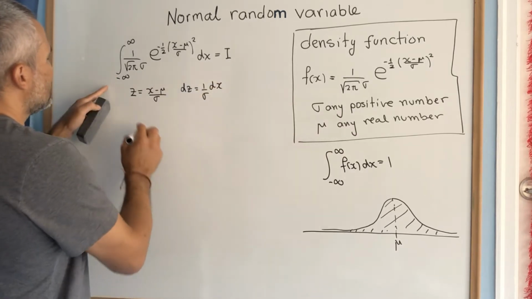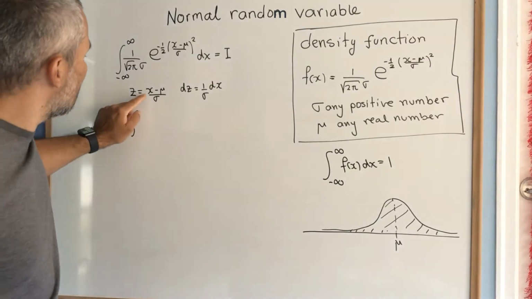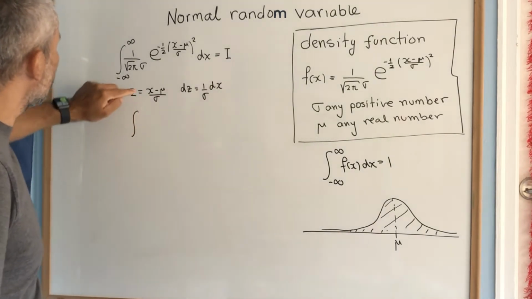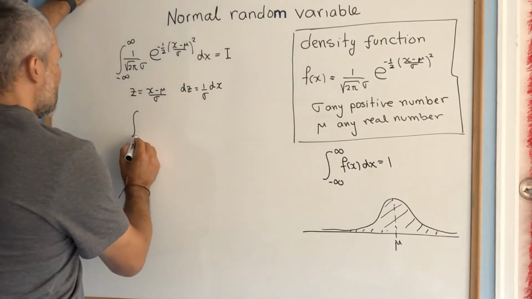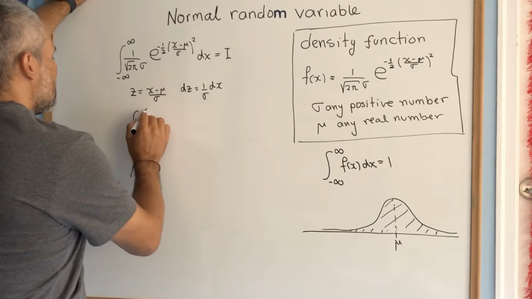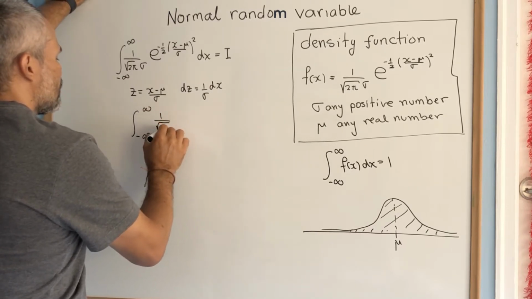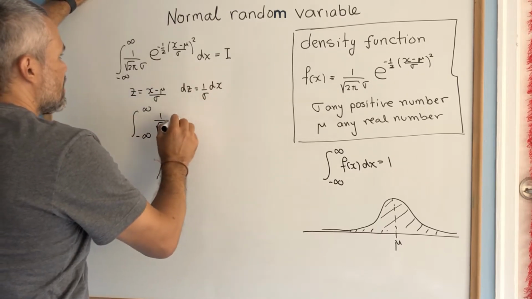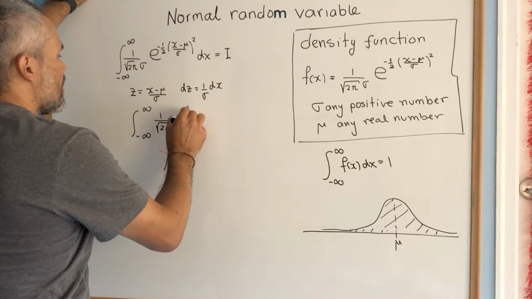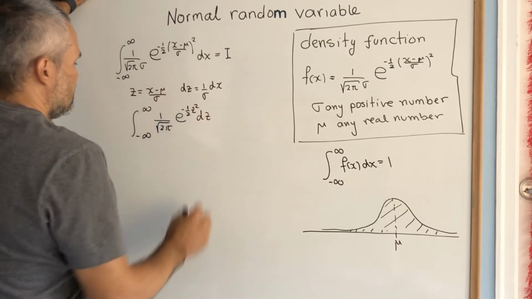Clearly, if x is negative infinity, c is also negative infinity, and if x is infinity, c is also infinity. Then this is the integral from negative infinity to infinity of 1 over the square root of 2 pi, and this sigma dx becomes dc, and we have e to the negative 1/2 c squared dc.